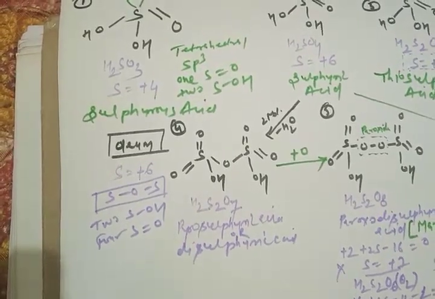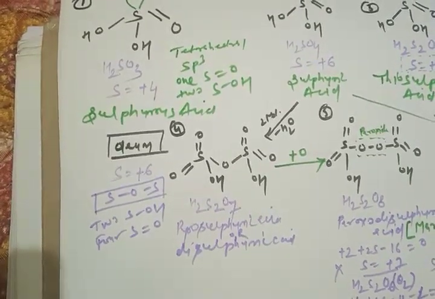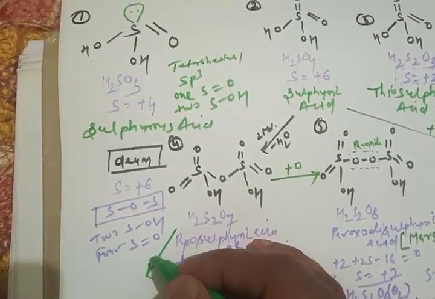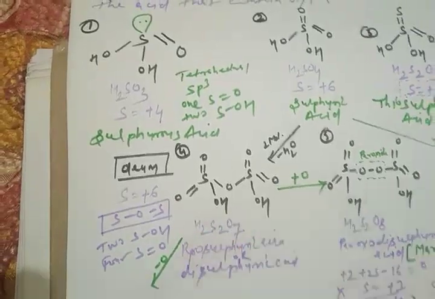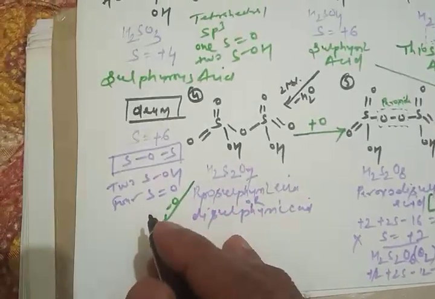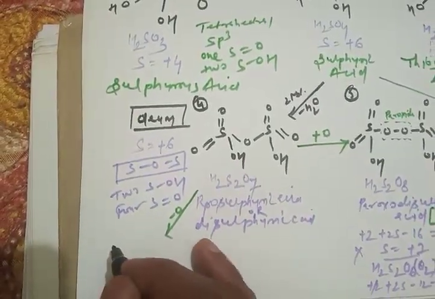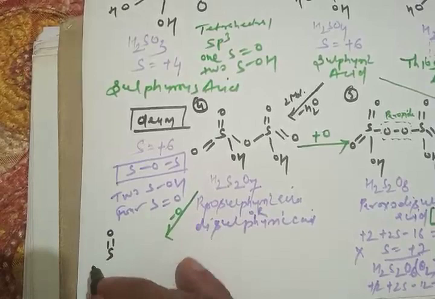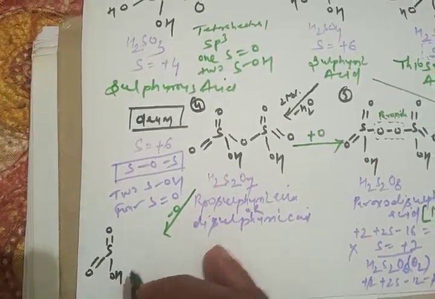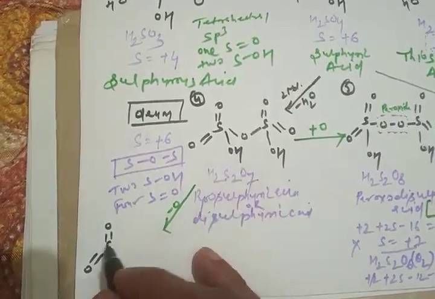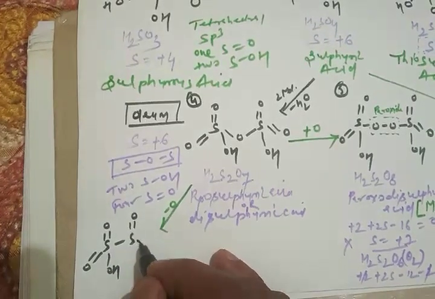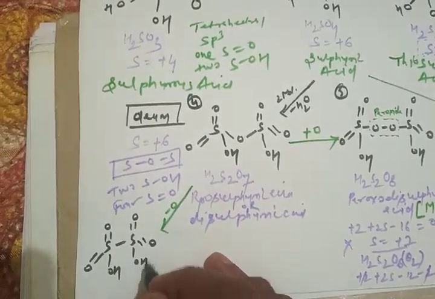I am going to draw this structure here only, removing one oxygen. S double bond O, double bond O, OH, this oxygen will be removed. So here S is directly connected with S, double bond O, double bond O, and OH.